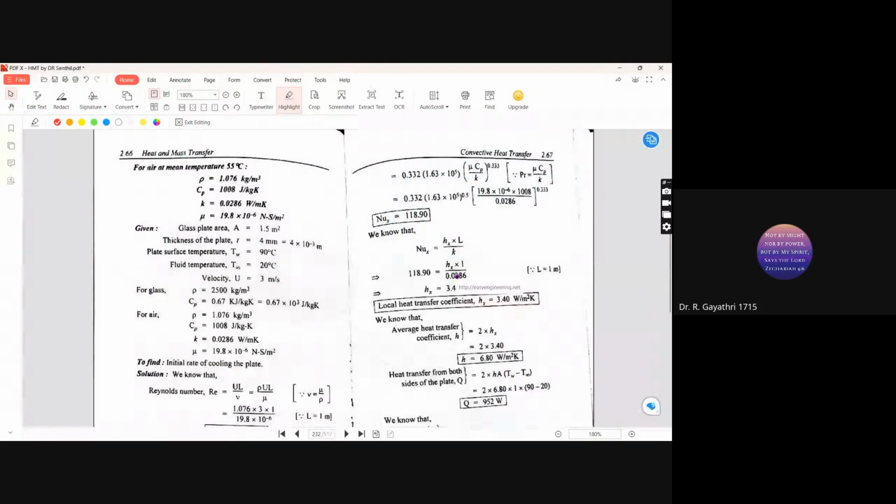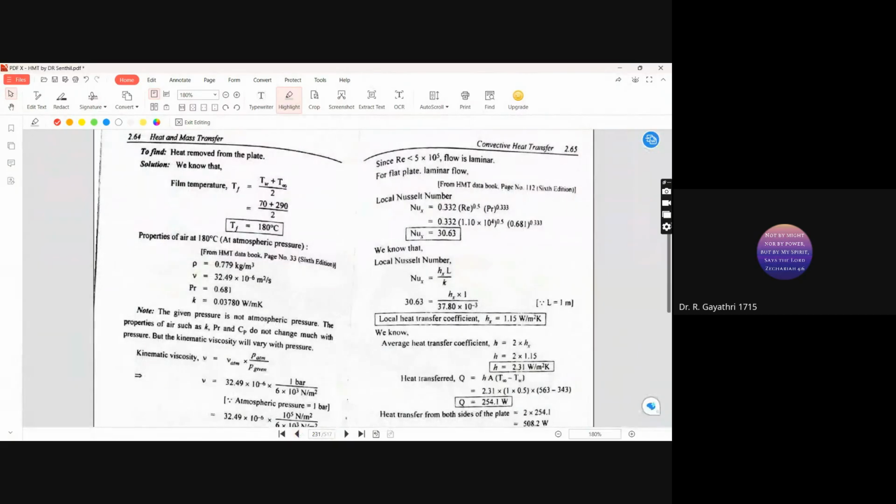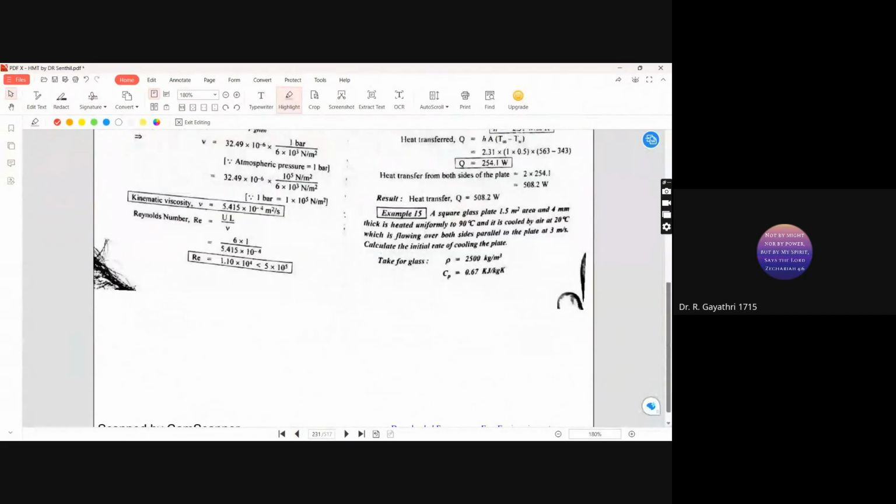The density value and Cp value for glass are given. Air at the mean temperature of 55 degrees centigrade: density, Cp value, k value, nu value. Okay, 90 degrees centigrade, 20 degrees centigrade, so 110 degrees centigrade, 110 divided by 2 is 55 degrees centigrade.